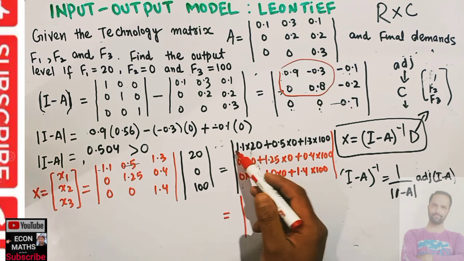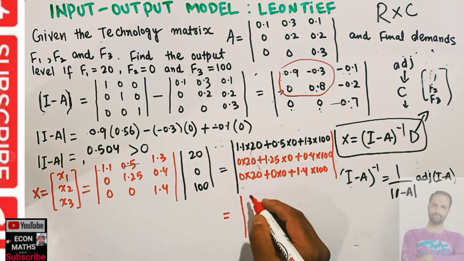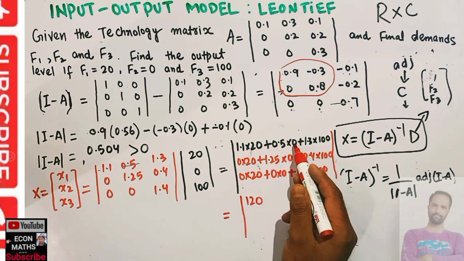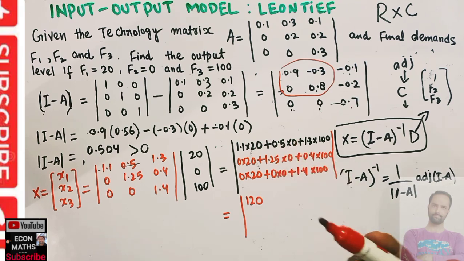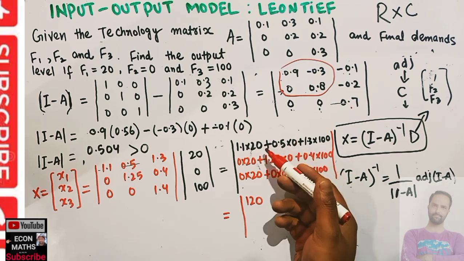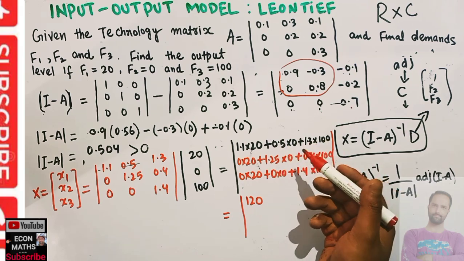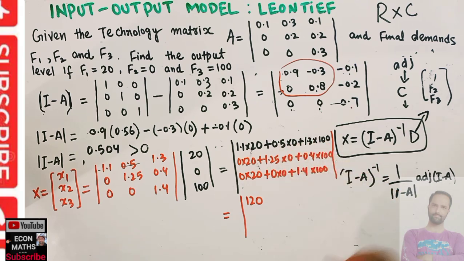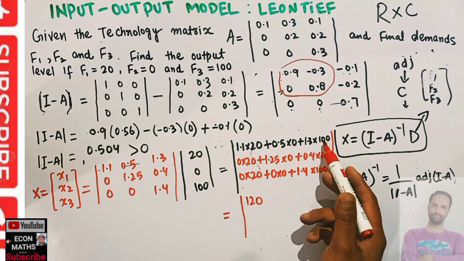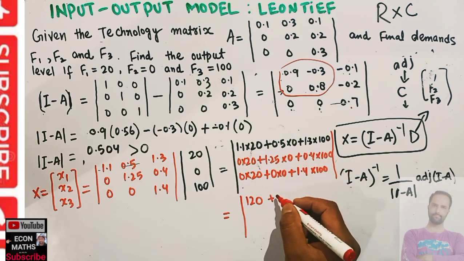We will get 1.1 into 20 is 120, and 0.5 into 0 is 0. Multiplying any number with 0 will make it 0. So 1.3 into 100 is 130.